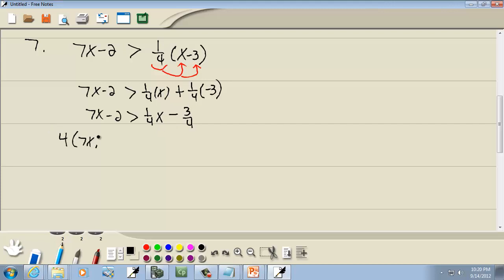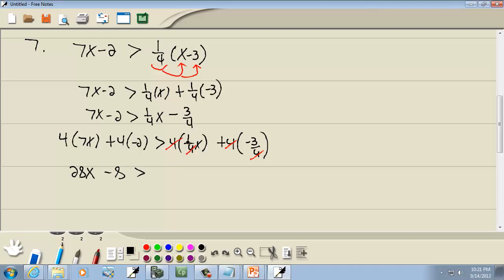So multiply it times the 7x, times the negative 2, times the 1/4 x, and times the negative 3/4. Now those 4's cancel and those 4's cancel. 4 times 7x is 28x. 4 times negative 2 is negative 8. Over here we got 1 times x, or just x, and then here we're left with negative 3.